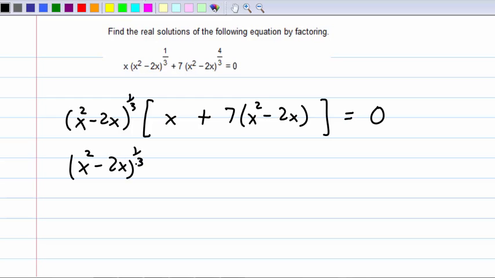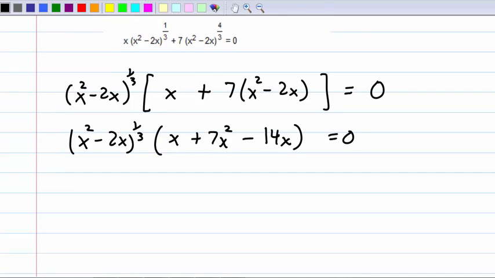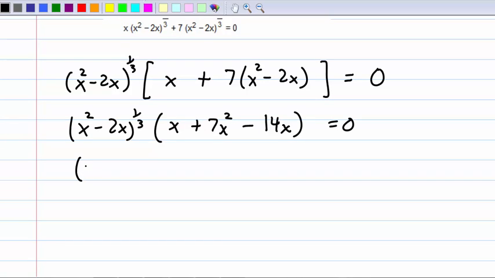Inside the brackets, I can simplify. I can distribute the 7. And inside the parentheses, I can combine like terms. So 7x squared minus 13x.